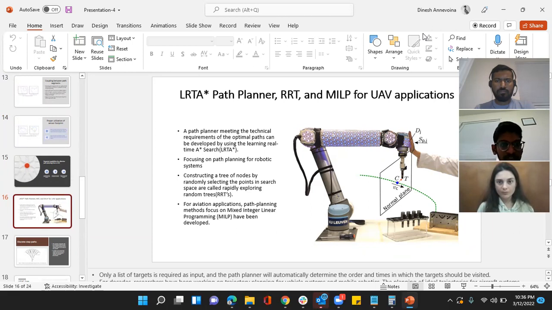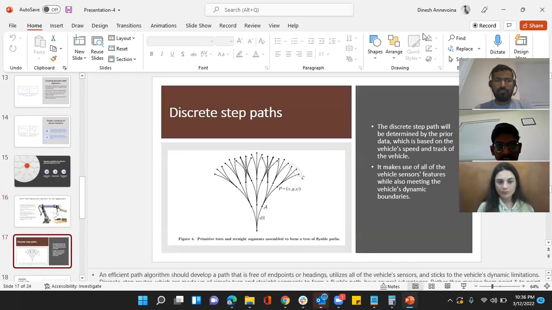So mostly we use these for aviation applications. Mixed integer linear programming is mostly used in aviation applications like aircraft wings and all. So yeah, we will go to the next slide, where we will talk more about discrete step paths.